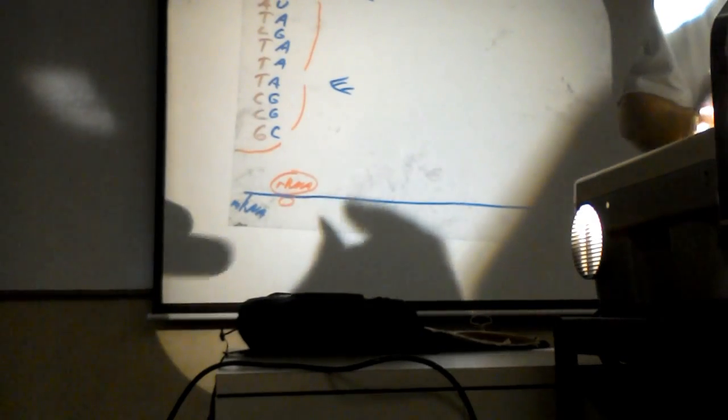What's being released? That's the messenger RNA going up. So we end up down here with exactly the same messenger RNA we started with up there. So I'm really just rewriting it.